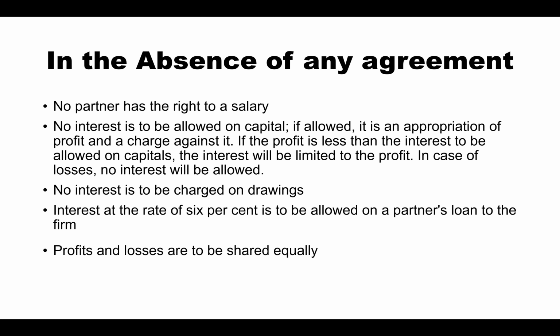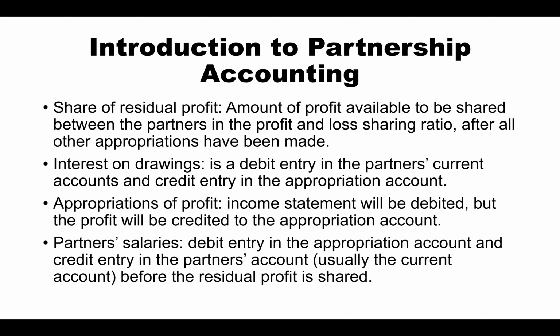If the profit is less than the interest to be allowed on capital, the interest will be limited to the profit. In case of losses, no interest will be allowed. There is no interest to be charged on drawings. Interest at the rate of 6% is to be allowed on partners' loans to the firm, and the profits and losses are to be shared equally. So those are the things to be done in the absence of any agreement.